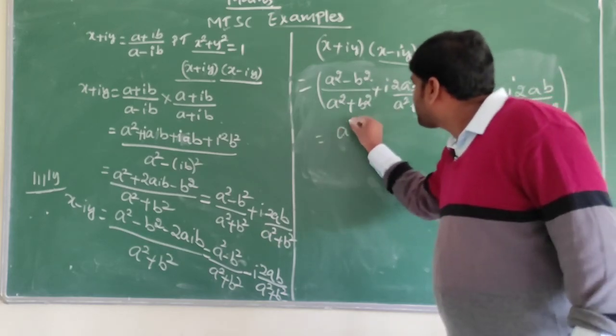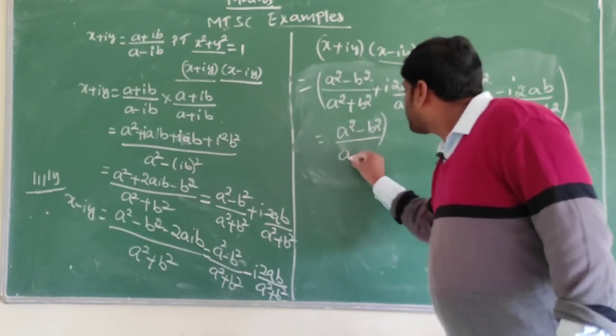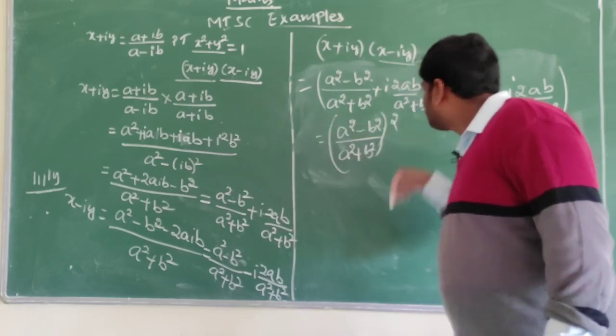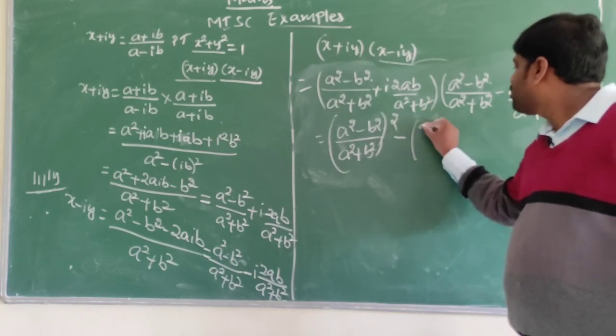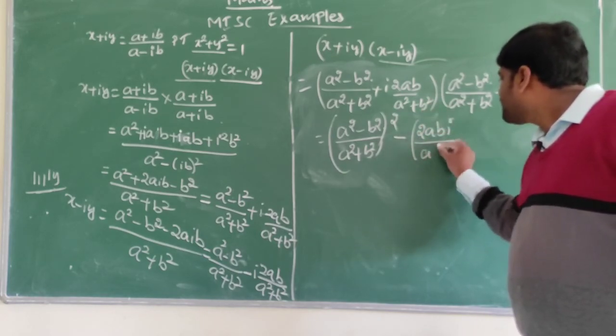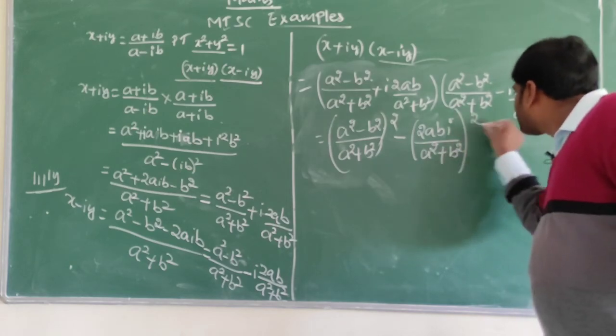Okay, (a square minus b square) whole square minus, so here that is 2ab i divided by (a square plus b square) whole square.